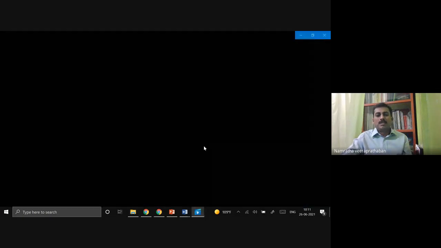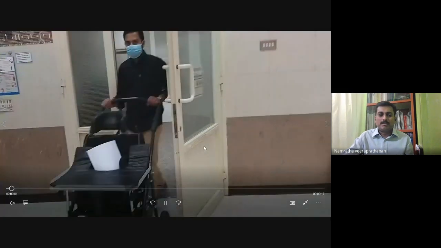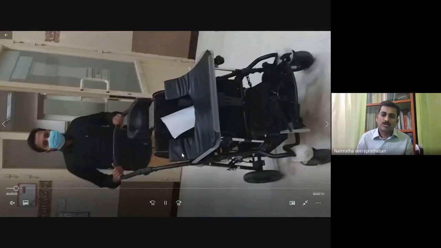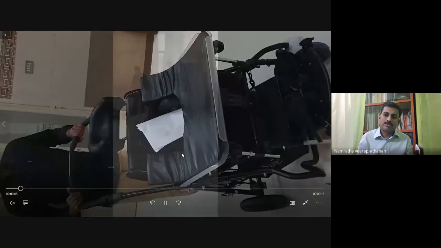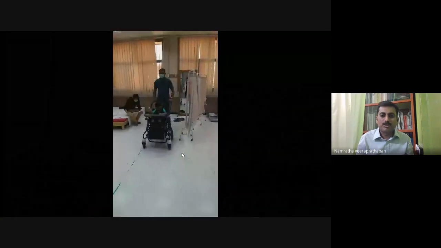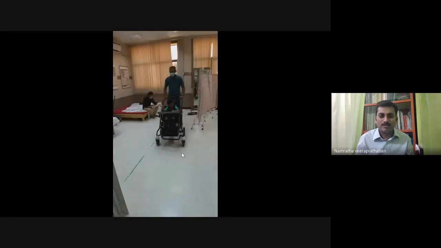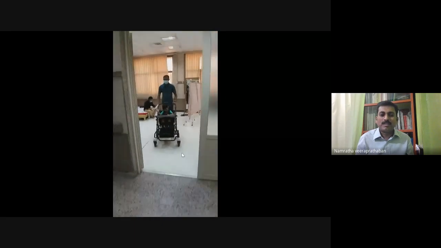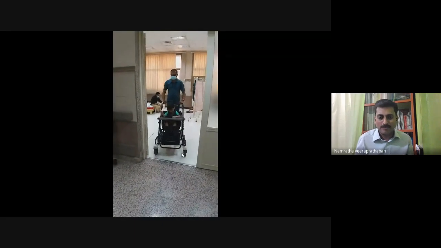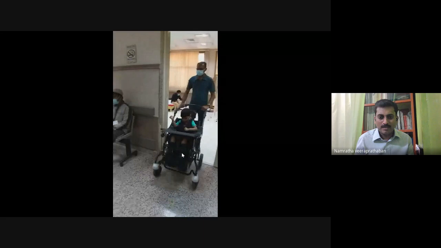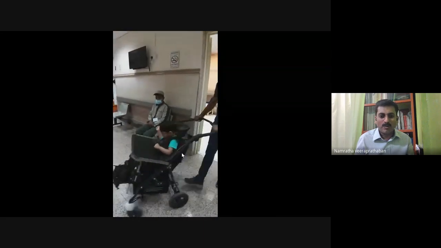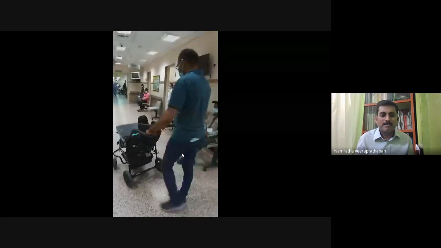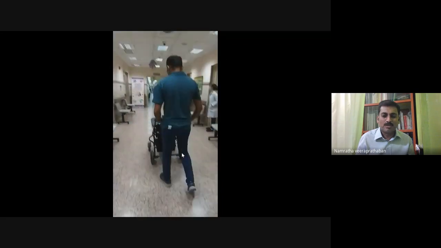Here it comes. Okay, we position the same boy in a stroller now. I have positioned him, and look at his posture now. And look at his interaction with the environment now. He is almost fully awake now. And I have tilted it a little bit. Look at the head control now.